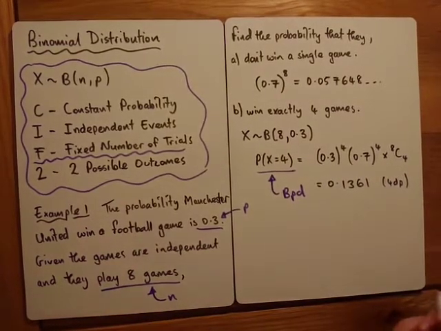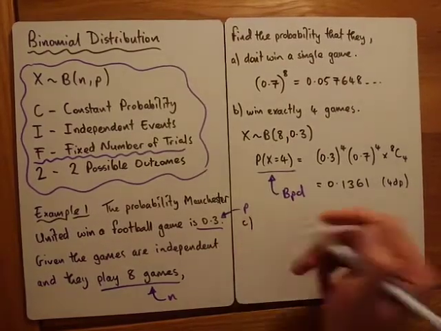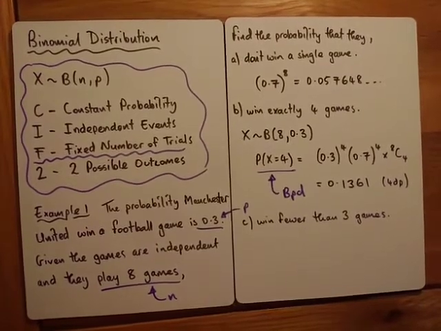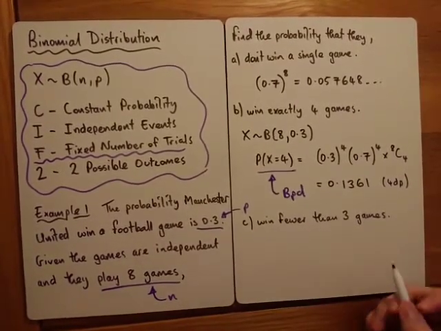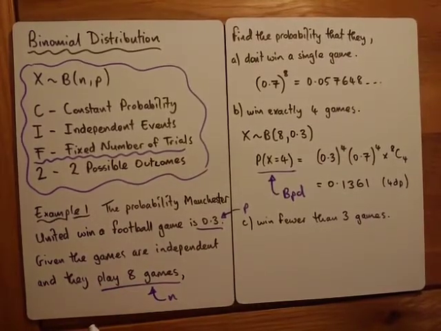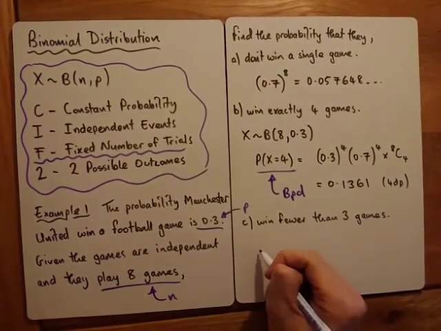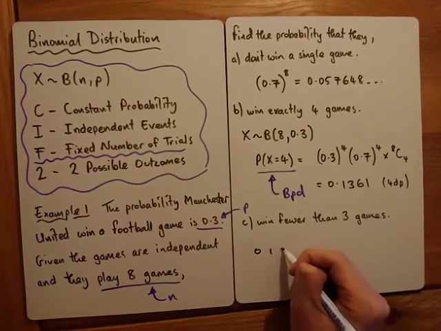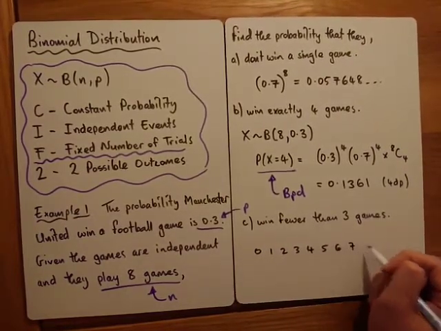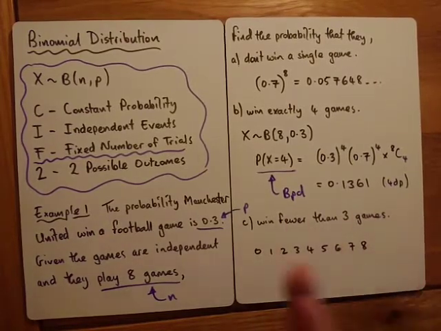Okay. The next part says that they win fewer than 3 games. I don't want to patronise you, but I would recommend the number line on these binomial questions, and it will definitely help a lot in maths. If you think about it, there's actually 9 possible outcomes here, isn't there?